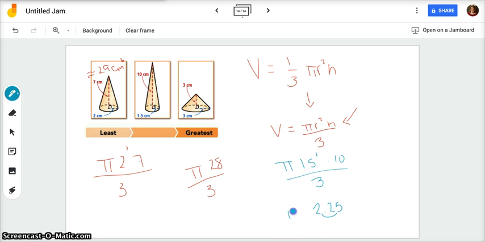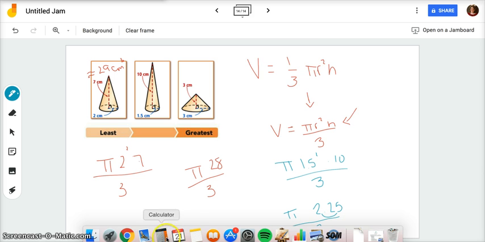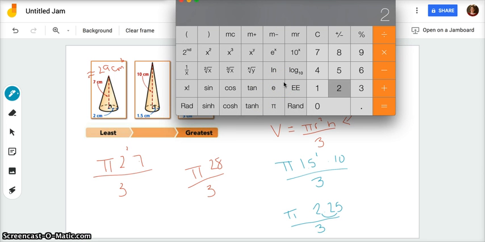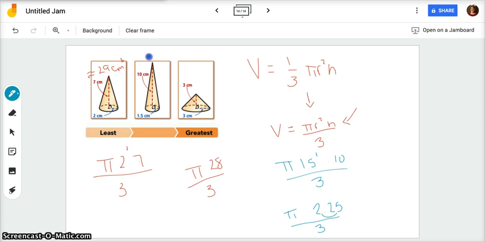So I have pi times 22.5 divided by 3. Let's put that in my calculator. 22.5, not 6.5, times 3.14 divided by 3. 23.5. And these are all going to be cubic centimeters, but for the sake of time, I'm not going to write that label in this one.